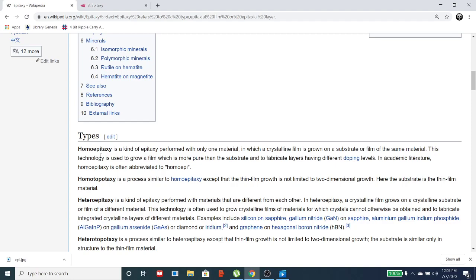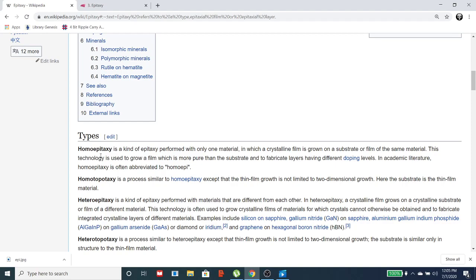First of all, there are three different processes through which we can grow epitaxy on a substrate. What are the three? First, liquid phase epitaxy, the second is vapor phase epitaxy, and the third is molecular beam epitaxy.